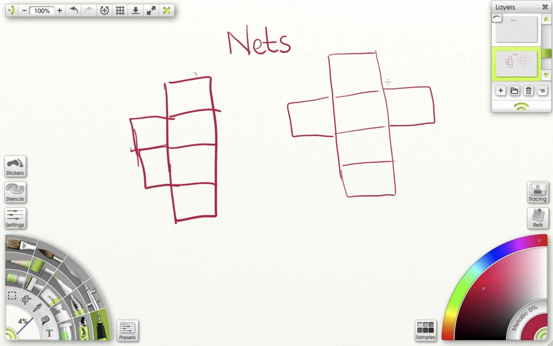Because what happens is we fold these 4 squares together, and then there's a square on each side to cover the sides. Because if I tried to fold this up, I would have 6 squares all around. But if I try to fold this shape up, let's see, I'm going to try to draw this out.